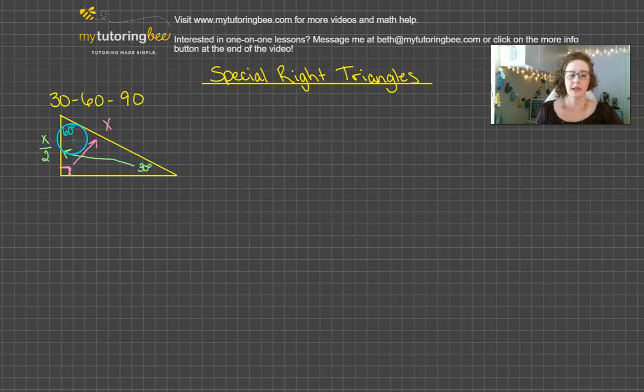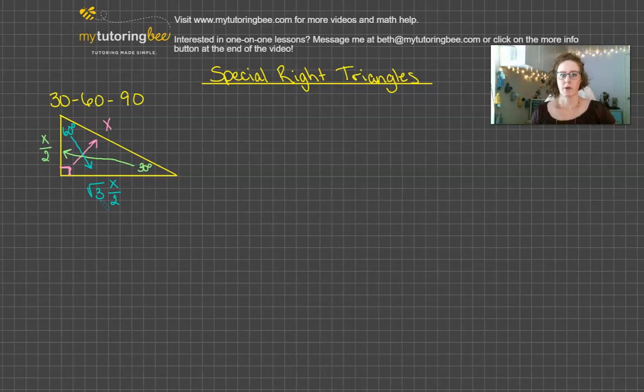And then the other side, the side that's opposite of the 60-degree angle, is the square root of 3 times x over 2. So whatever the shortest side is, which is half of x, we would multiply that times the square root of 3, and we would be able to find the length of that side of the triangle.